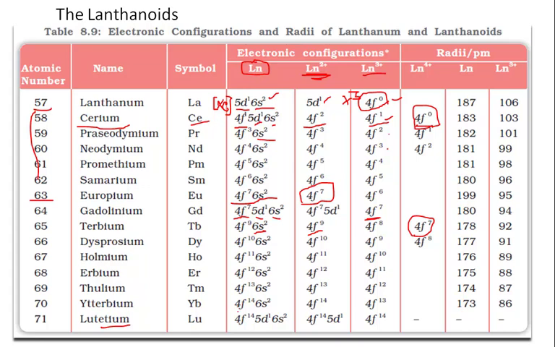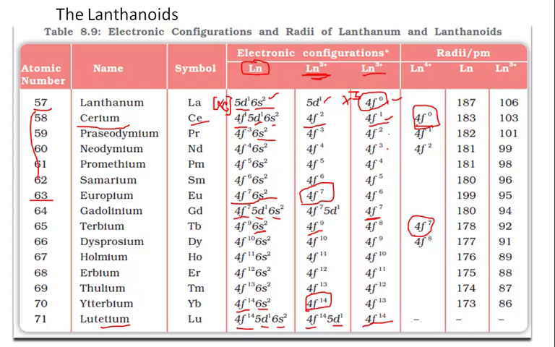Now ytterbium has 4f14 and 6s2. So ytterbium will show +2 as the most stable oxidation state. Then lutetium has 4f14, 5d1, 6s2. So 4f14, 5d1 in +2, but in the +3 oxidation state it will have that stable electronic configuration. So the stable oxidation state will be +3.